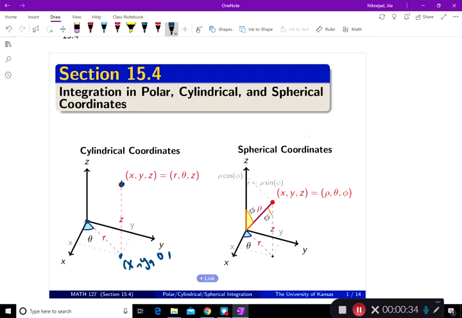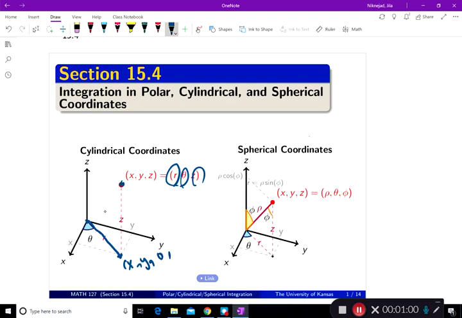And the origin, that distance will give you r, and then the line segment that connects the projection to the origin makes an angle with x, that would be theta. So r, theta, and z is the same z as you started with.